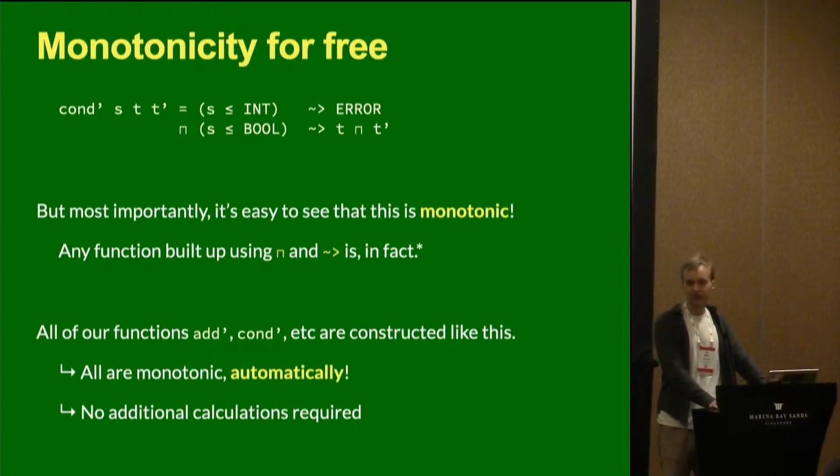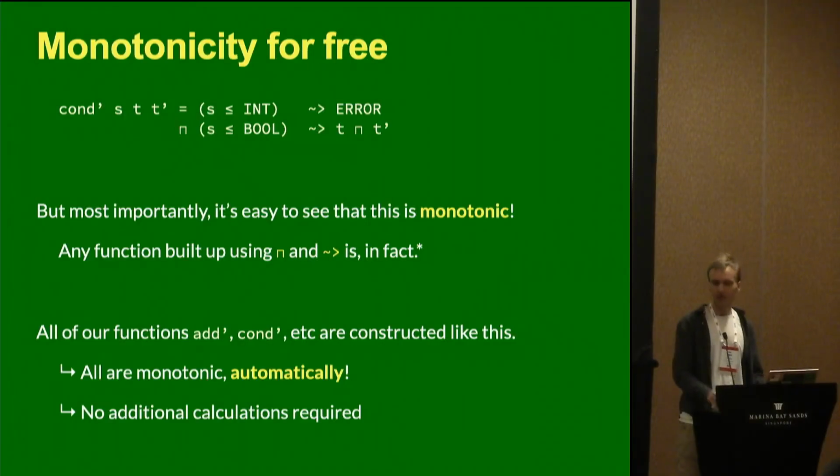For some intuition as to why this is the case, think of these wobbly arrow clauses as firing or not firing based on their condition. For this to be monotonic, that means that if I have an s prime smaller than my s, then my con prime applied to that s prime should be less than applied to s.